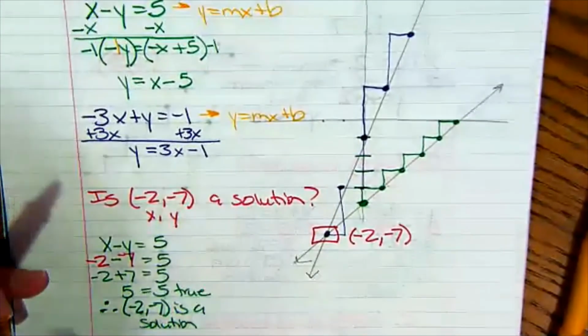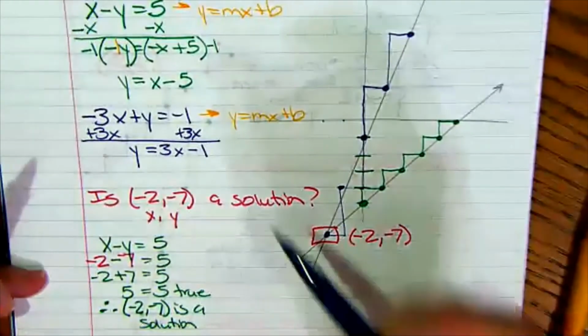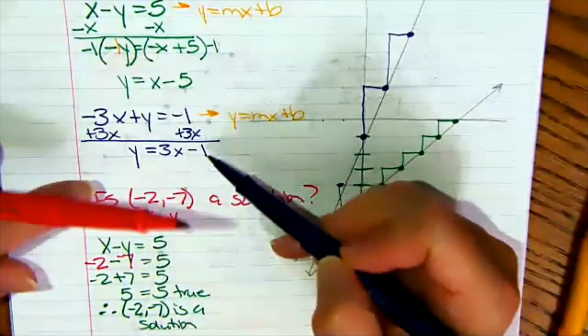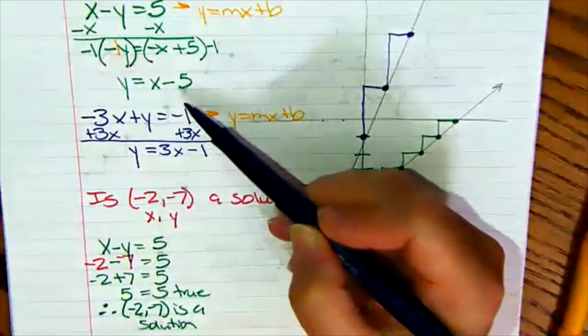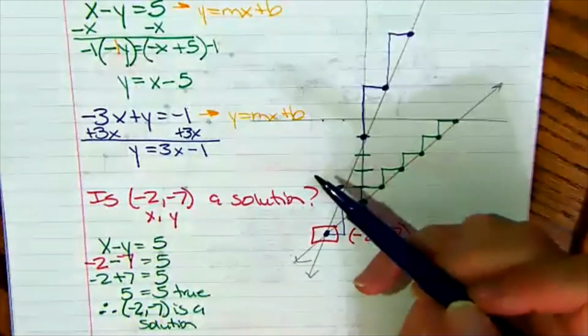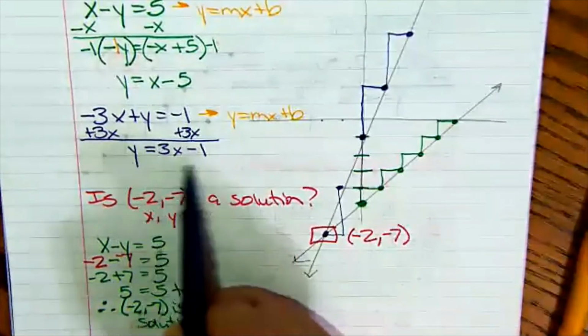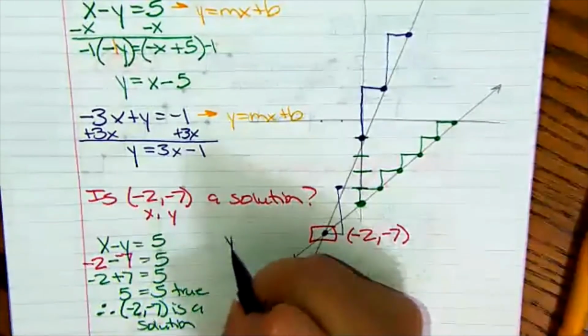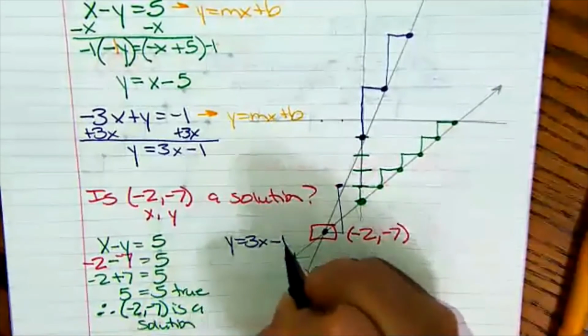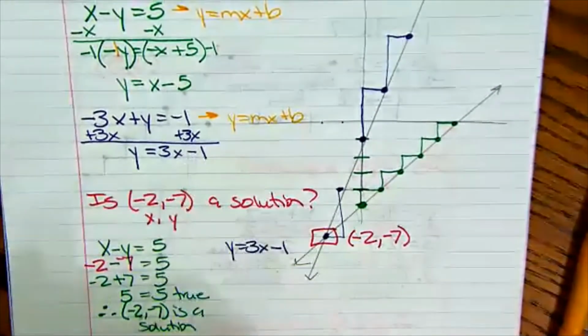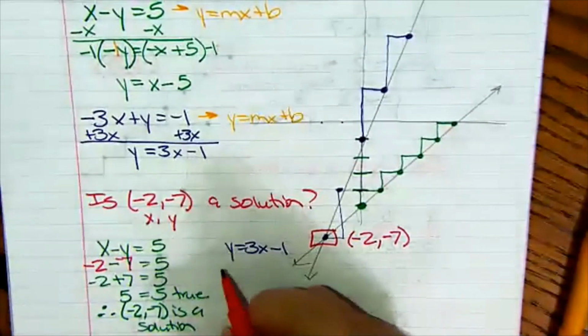Now let's substitute into the next equation. And I can use this equation or this equation. Now, this one, I don't know. I think I'm going to use this one. To me, this one looks easier to use. So this is the one I'm choosing. And now we're going to substitute.